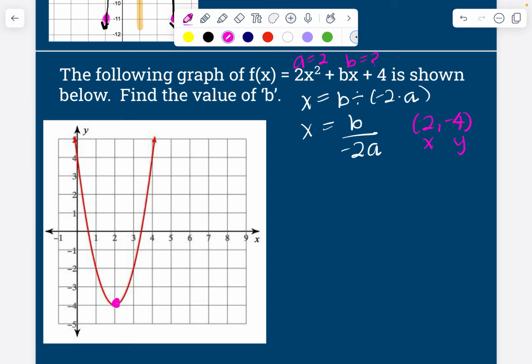I don't know my b. My c is 4. So now plugging in what I know, x is 2, I don't know b, I know a is 2, and then continuing to simplify, negative 2 times 2 is negative 4. And then to get rid of the divided by negative 4, I need to multiply both sides by negative 4. They cancel here, and I get that b is negative 8.